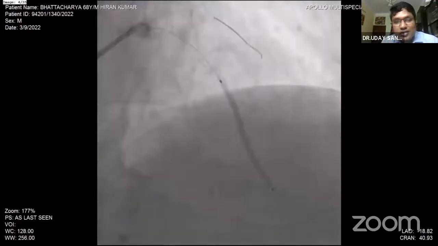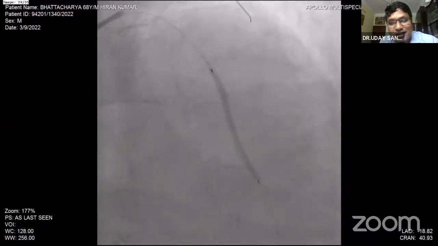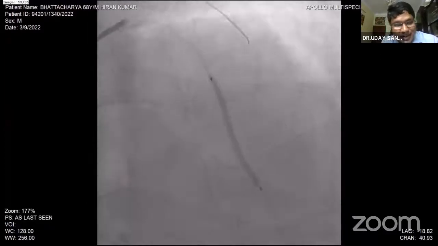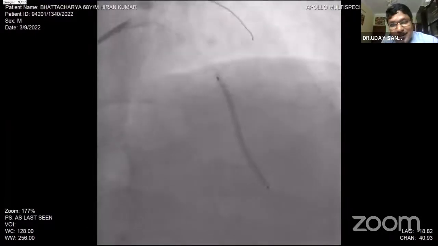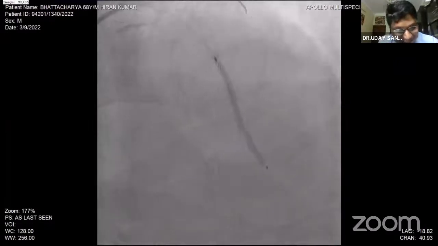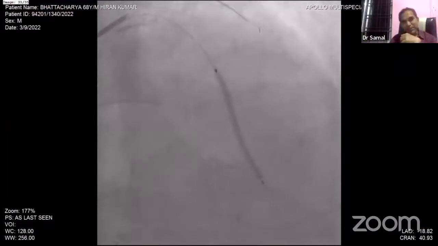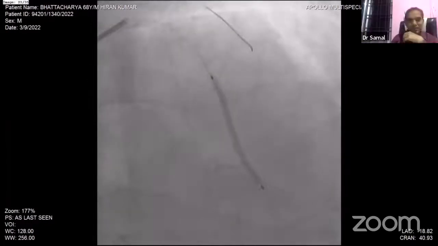If I use the thrombosuction catheter, then obviously I have to use adenosine. During my DM days I used to use the balloon initially. Good idea. That way you can save some money for the patient. Thrombosuction, obviously, definitely, microcatheter and all these things.